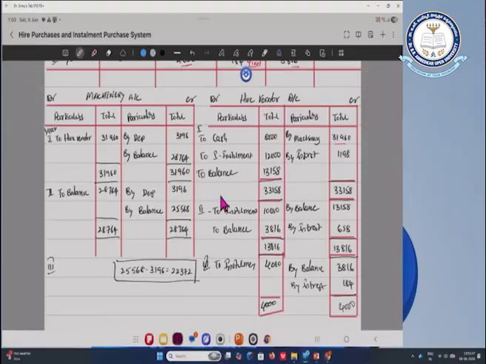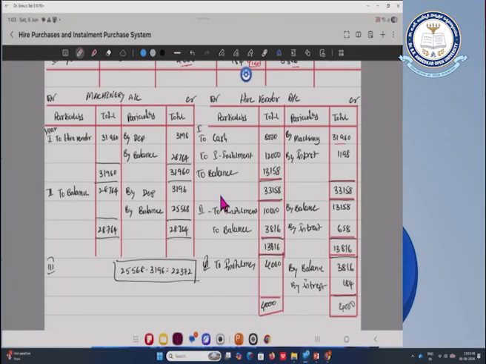Machinery cost 31,960 rupees along with interest. All the amounts received by the hire vendor are debited, because his balance is being received day by day. So, we write on the debit side all installments paid by the buyer.